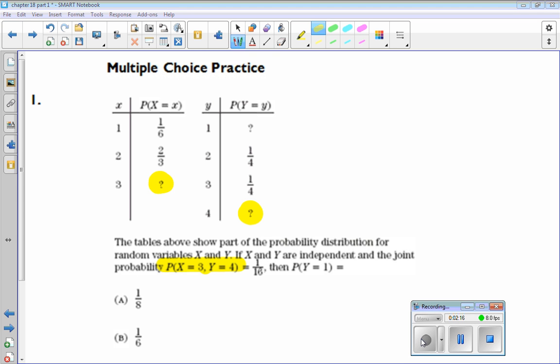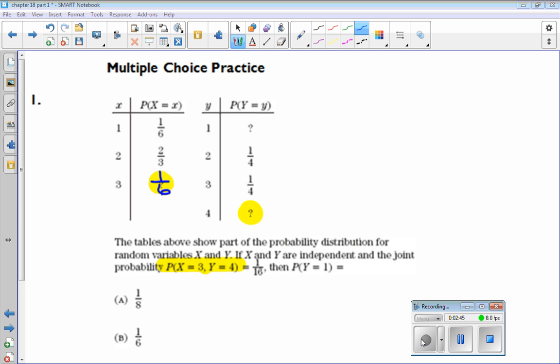On question number 1, since I defined what this is saying, how do I find the probability that x equals 3? It's 1/6, because in this probability distribution, all the probabilities should add to 1. So this right here is going to be 1/6. Now, I can't do the same thing for the probability of y over here because I have 2 missing values.